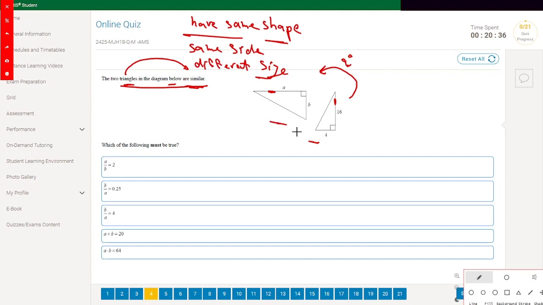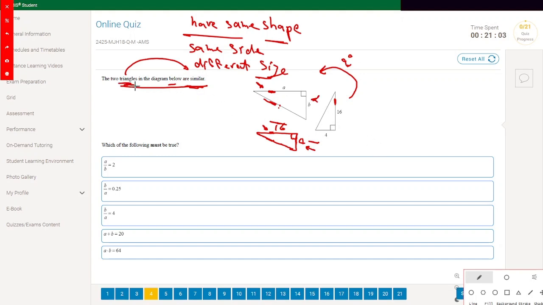So the right angle 4 becomes here 4, and 16 will be here 16. So I have similar hypotenuse, and this side similar to this side, and this side similar to this side.